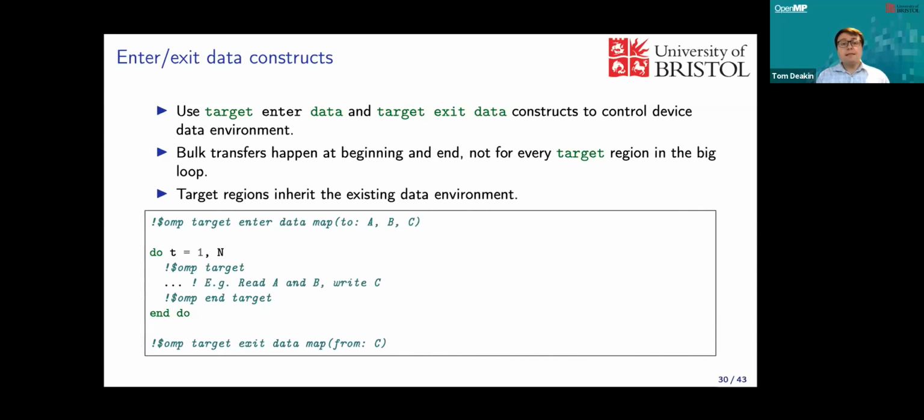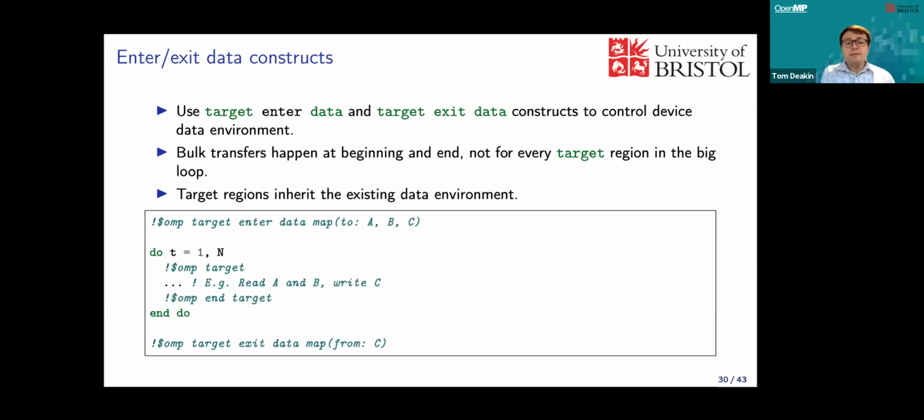So these are standalone constructs. They don't have any Fortran body associated with them. They're just a single line of OpenMP compiler directive. So let's take this example at the bottom of the slide, starting in the middle and working outwards.